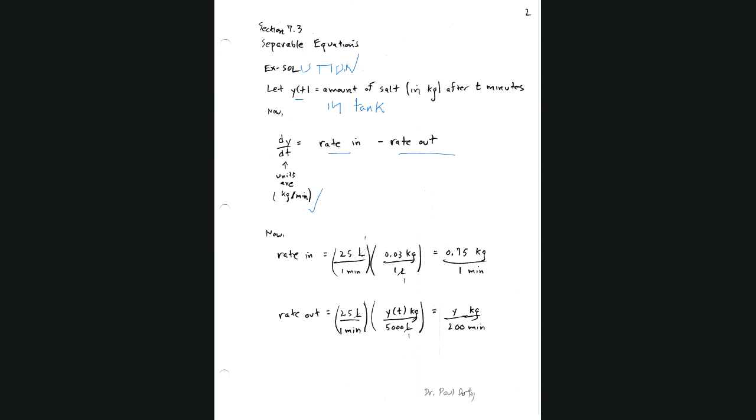Therefore, dy dt will equal 0.75 minus y over 2,000. And we have our differential equation. And now we need to solve it. Are there any questions up to this point?